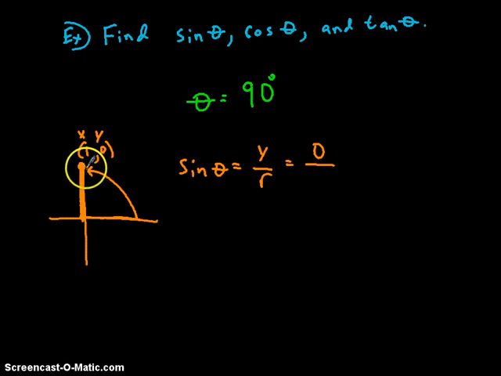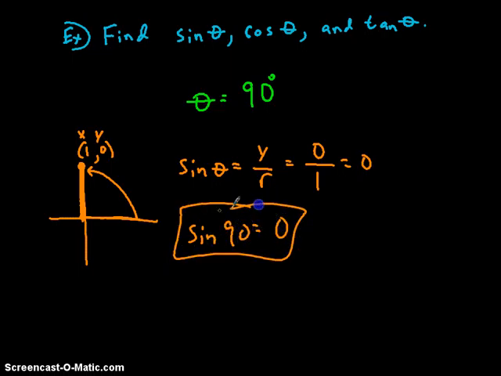So basically, the r value is always going to be 1 in this problem. So it's going to be y over r, which is 1 over 1. So I know sine of 90 is equal to 1, because that's the y value over r, which has to be 1 in this case.